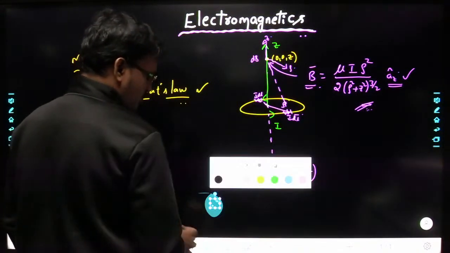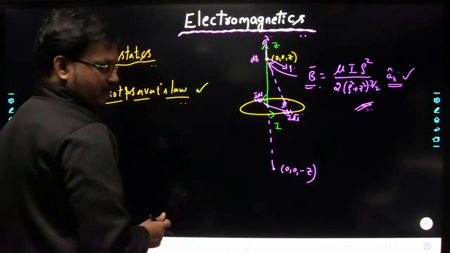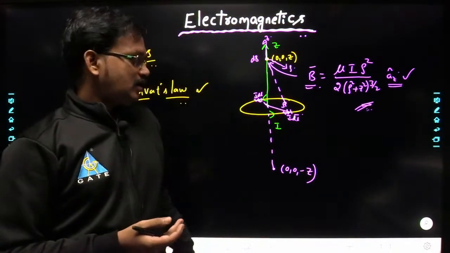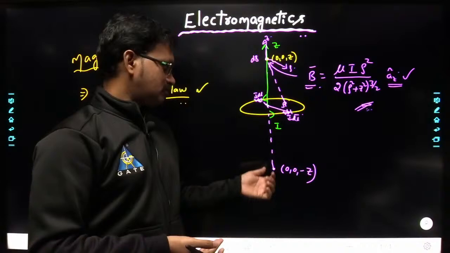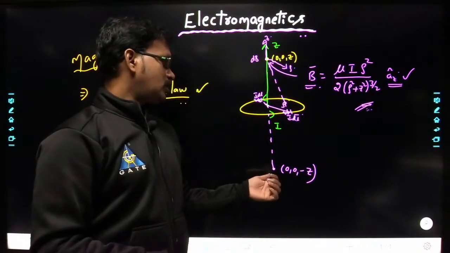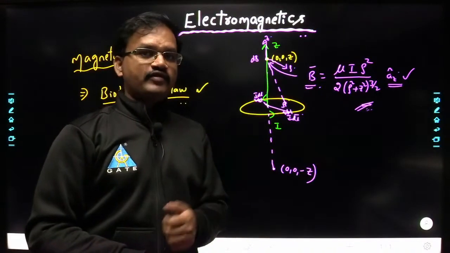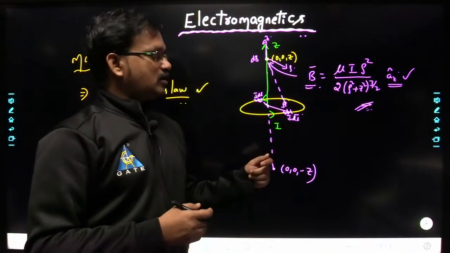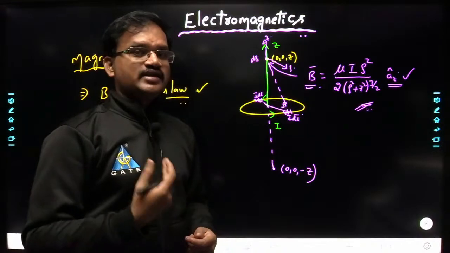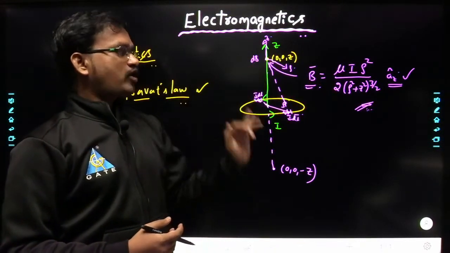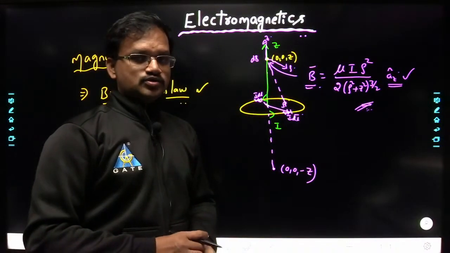Okay. So if you check after completion of class how the B field at this location is determined, it is very good, because you will understand clearly how we have determined this B field at this point due to this circular loop. That's what I am saying here.